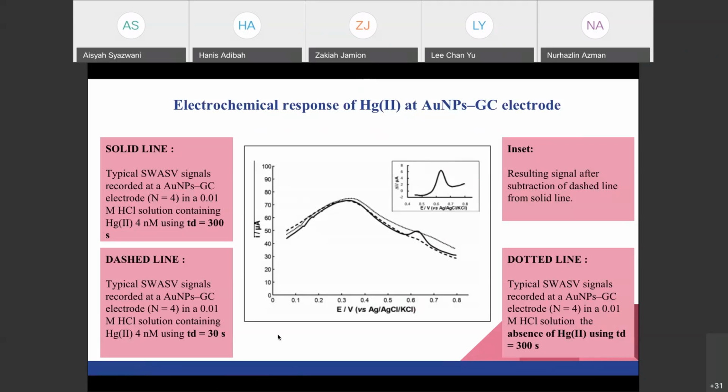And the inset shows the resulting signal after subtraction of the dashed line from the solid line. Next.